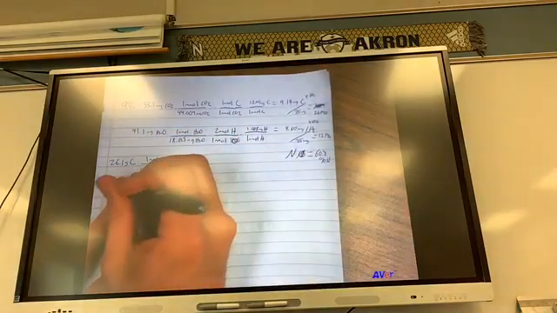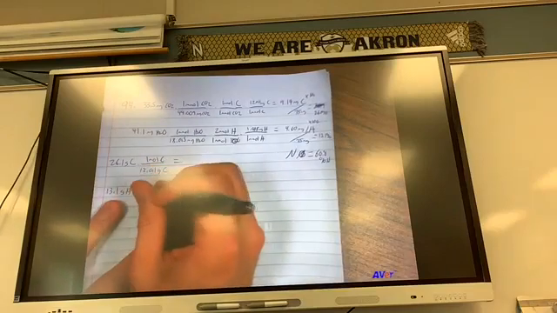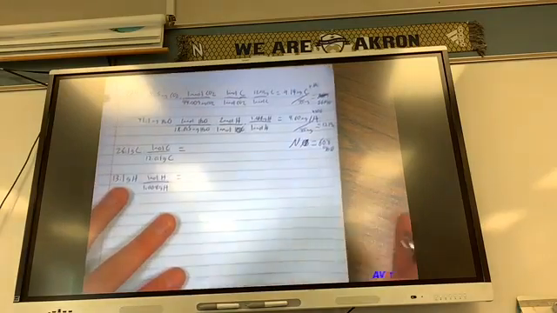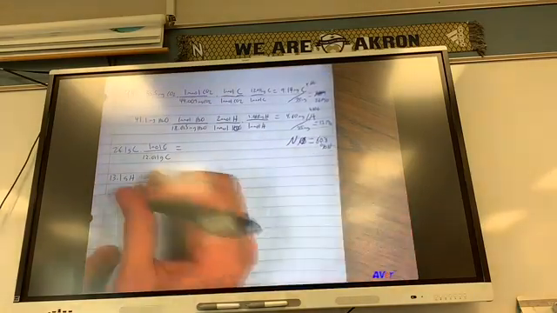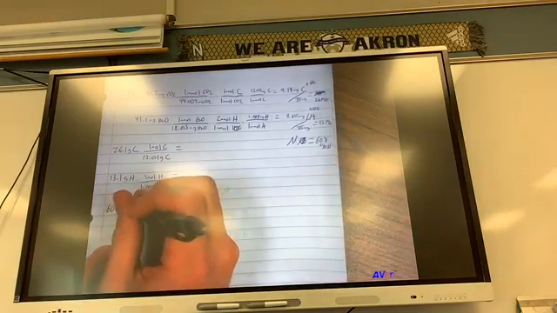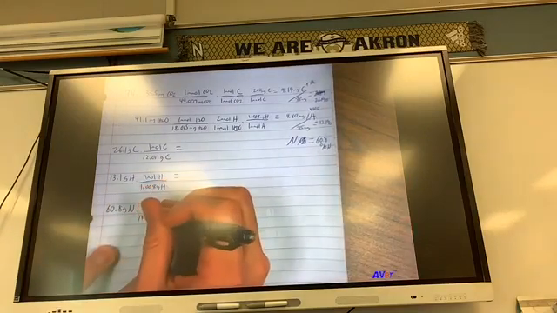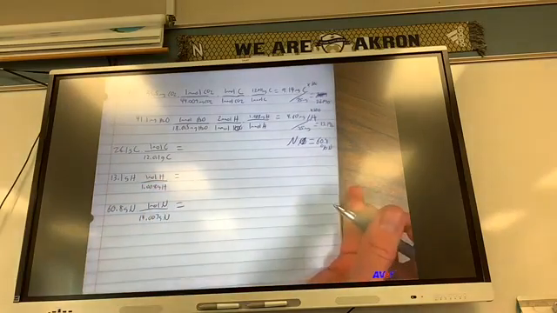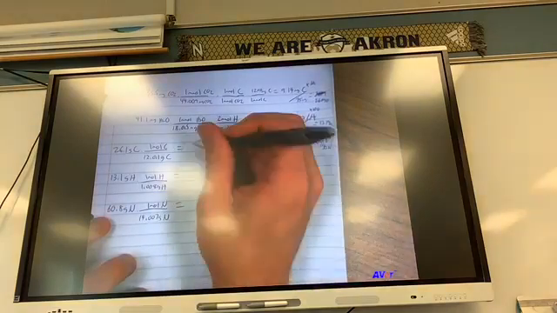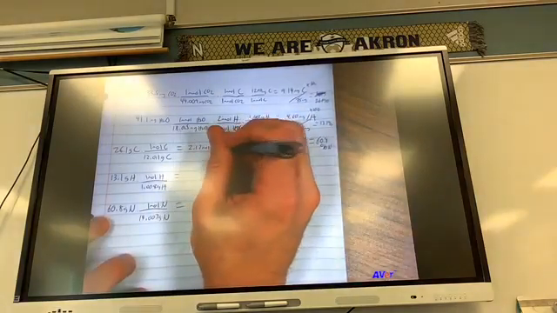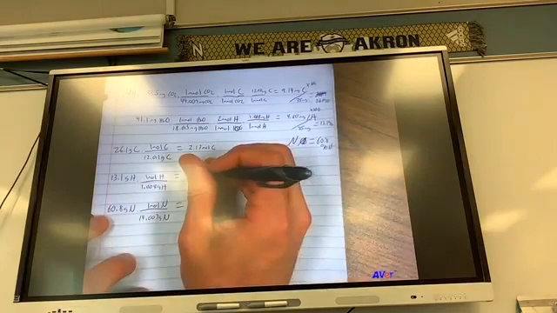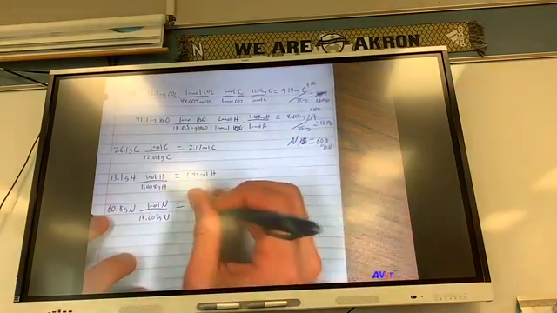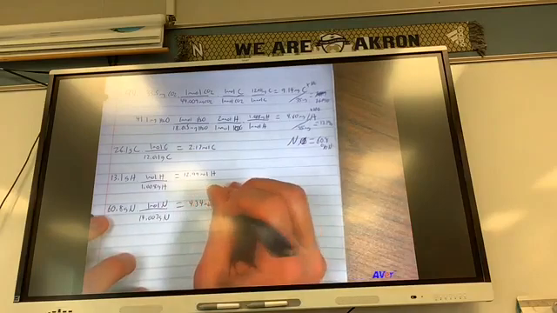I have 13.1 grams of H times 1.008 grams of H in 1 mole of H. And I have 60.8 grams of nitrogen times 14.007 grams of N in 1 mole of N. Solve for your moles. And I got 2.17 moles of carbon. I got 12.99 moles of H. And I got 4.34 moles of N.